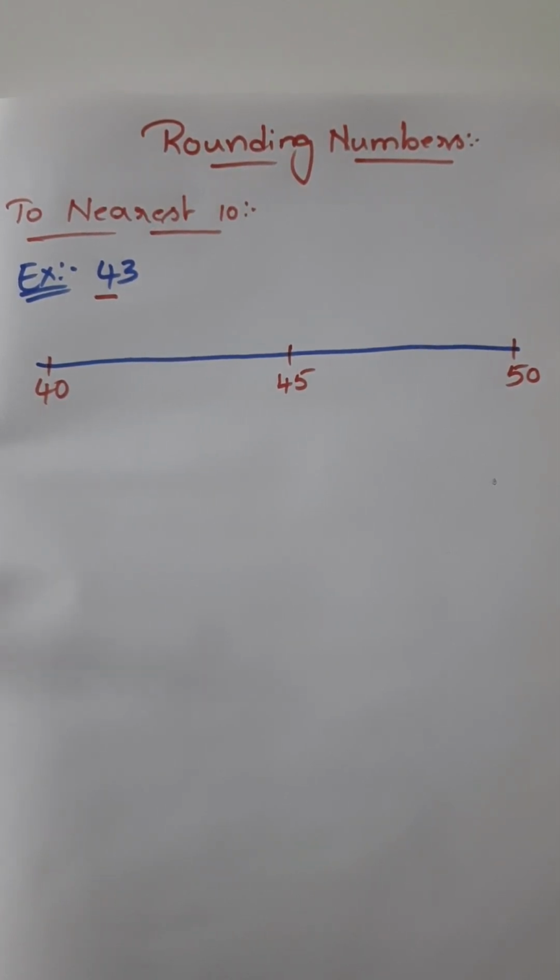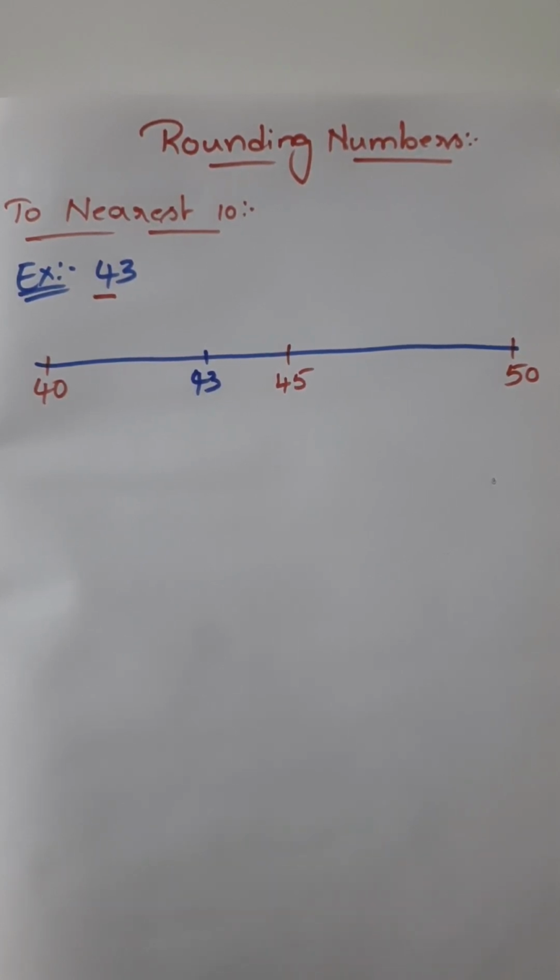Now check where this number 43 lies. Does that number lie between 40 and 45 or 45 and 50? That number lies between 40 and 45. So mark that number now. See, 43 lies between 40 and 50. So which side does it go to?